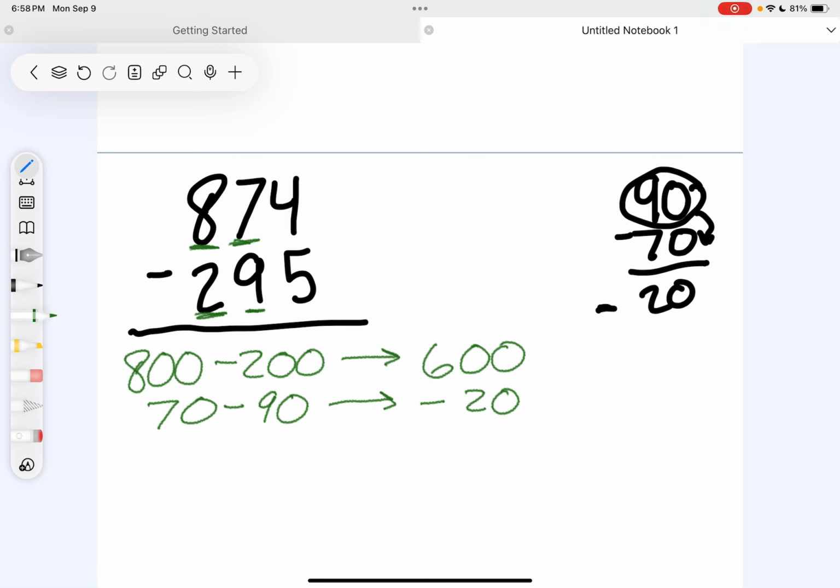Next and last is our 4 minus 5. This gets you the minus 1.